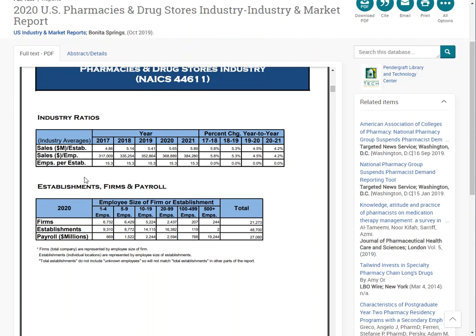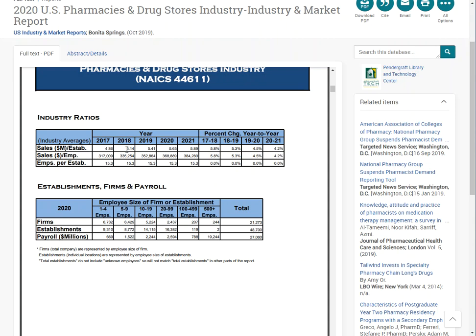So if you wanted to see in industry ratios how many employees per establishment, okay, so over time, they really have not increased the number of people that they employed over time, but sales per establishment is in there.